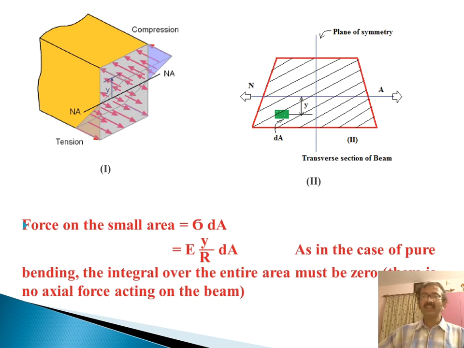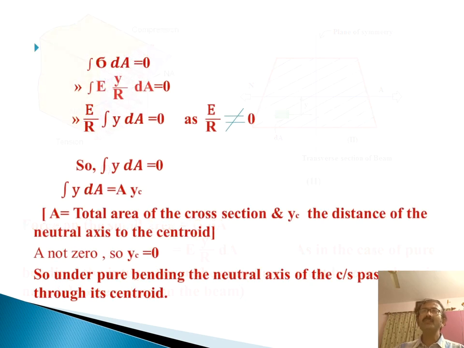In the case of pure bending, the integral over the entire area must be 0, so there is no axial force acting on the beam. After integration we get E by r integration of y dA equals 0. E by r is a constant term that is not equal to 0, so obviously the integral of y dA equals 0.